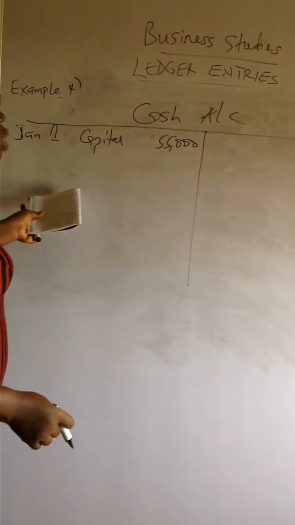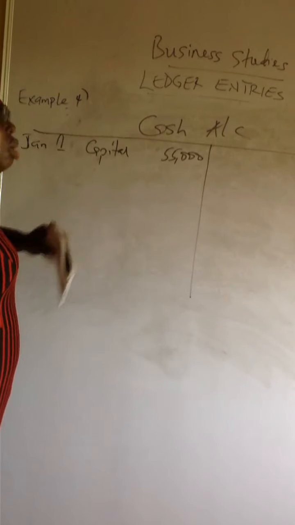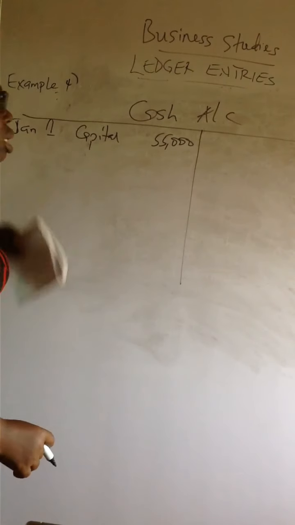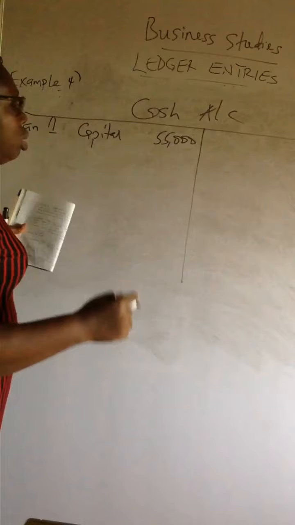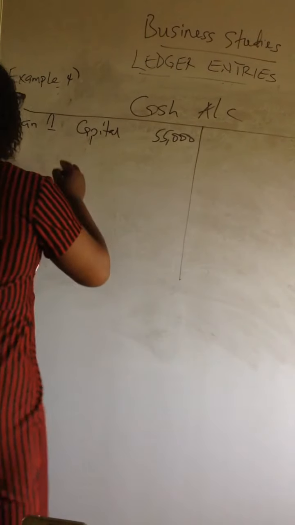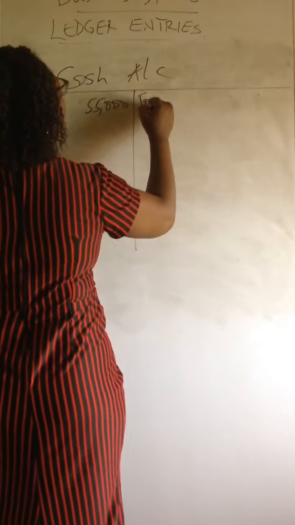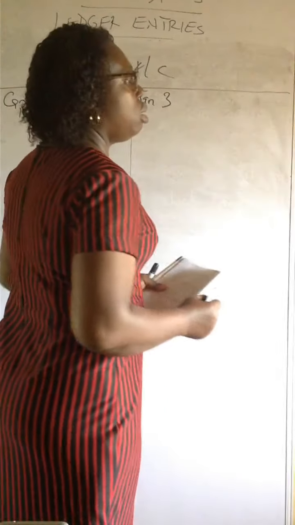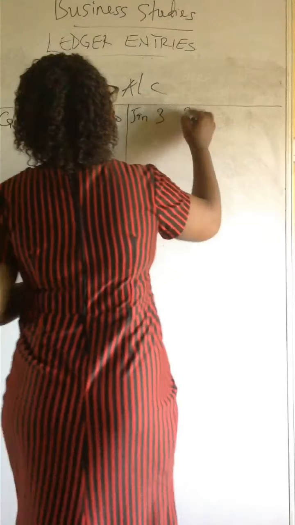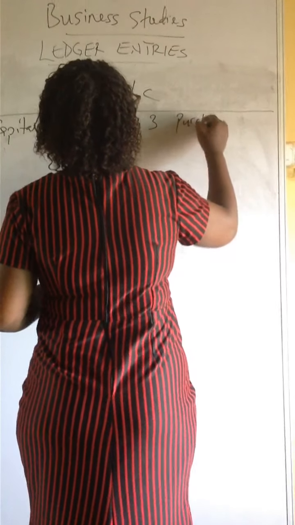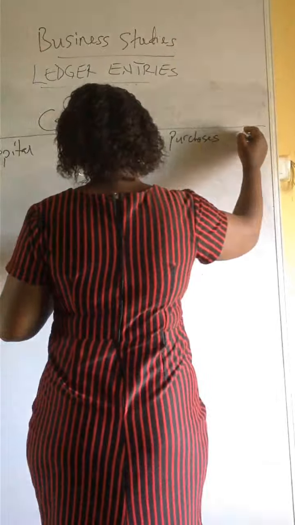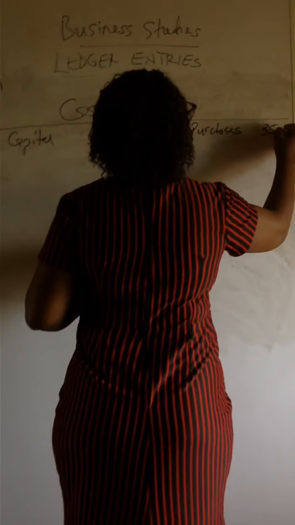It is debited because it is a benefit or an income to the organization. Then you have the transaction on the 3rd. The question said purchase goods. It's purchases. You spent money, so you post in the credit side. Purchases for 35,000 naira.